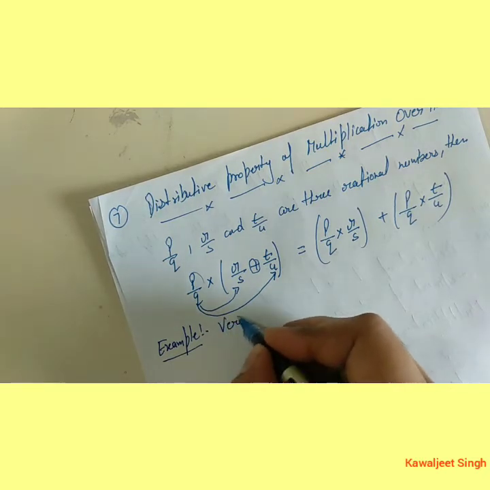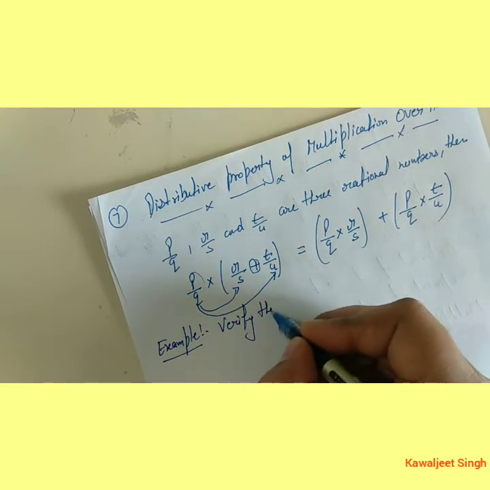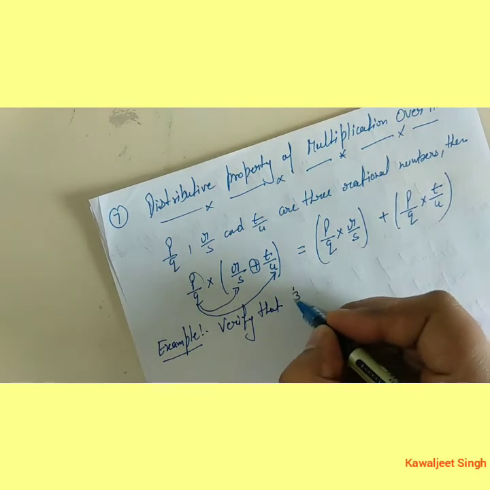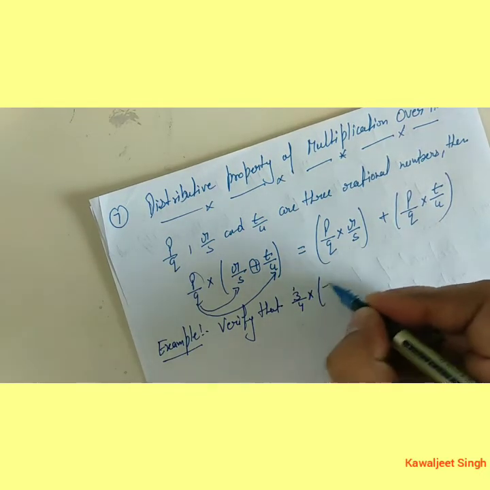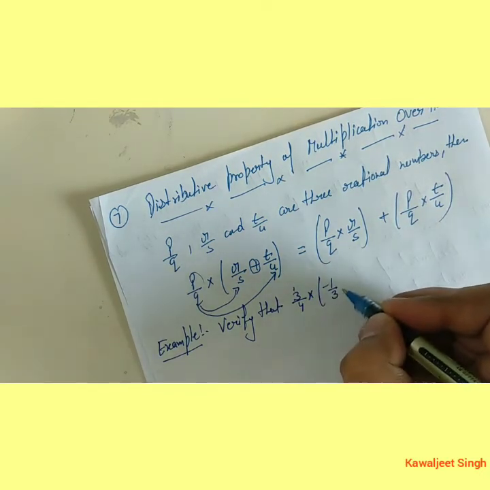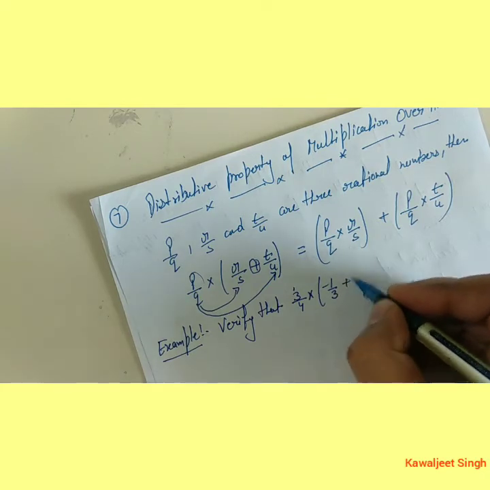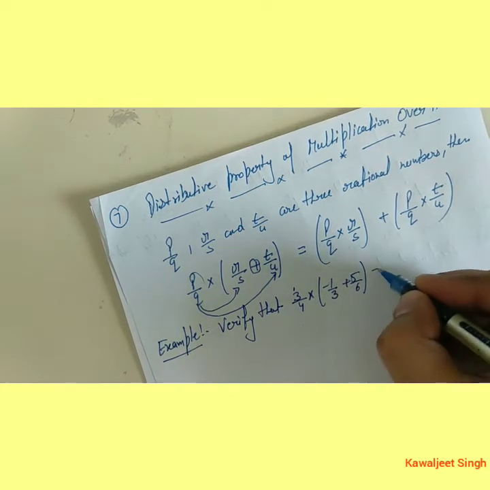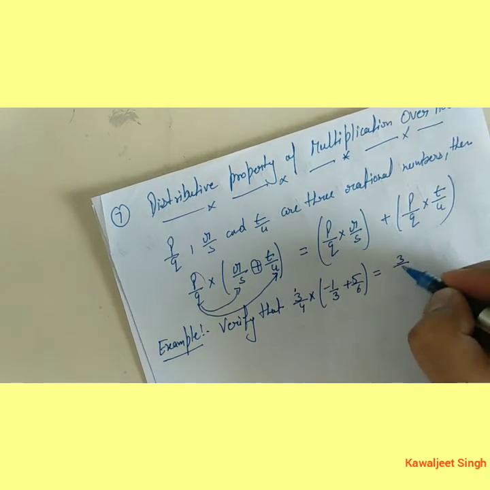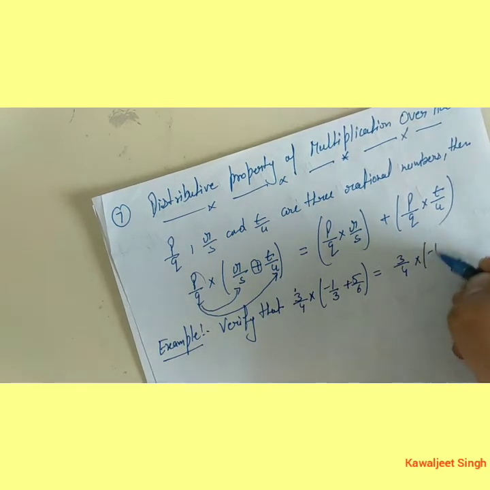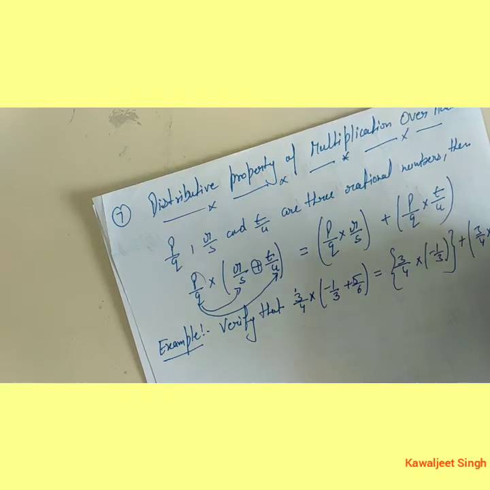Verify that 3 by 4 into minus 1 by 3 plus 5 by 6 is equal to 3 by 4 into minus 1 by 3 plus 3 by 4 into 5 by 6 here.